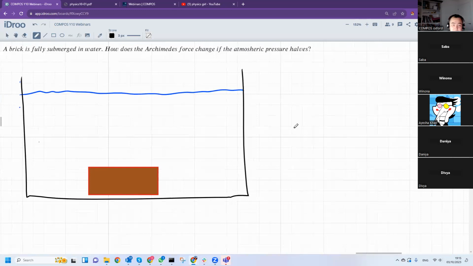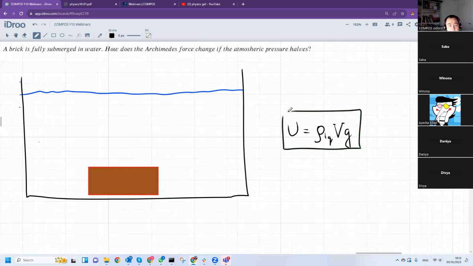And the formula sheet tells you that the upthrust force is equal to the density of the liquid multiplied by the volume of the submerged object multiplied by the gravitational force. Which of them changes if the atmospheric pressure changes?